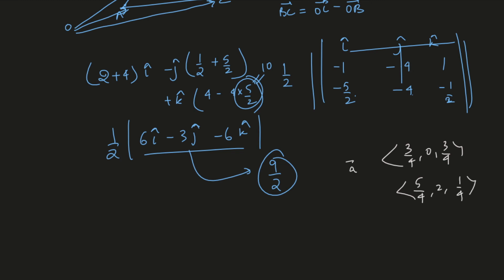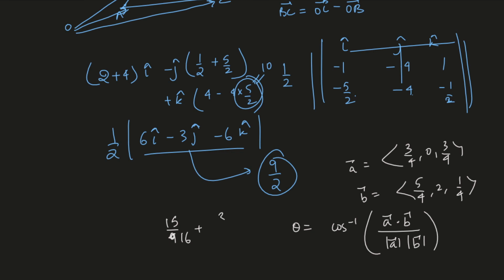These vectors, let us just name them A and B. The angle between them is cos inverse of A dot B divided by the magnitudes of vectors A and B. So A dot B gives you what? 3/4 times 5/4 is 15/16, plus 3/16.